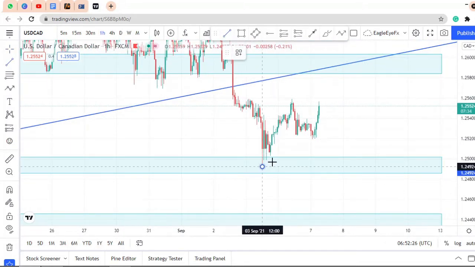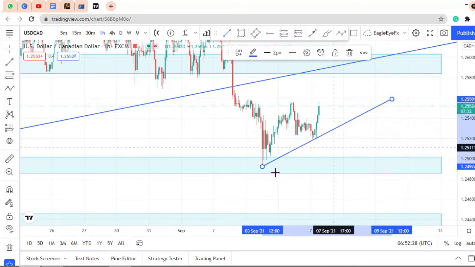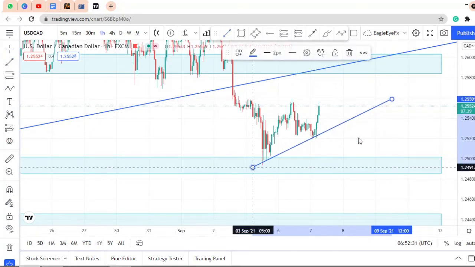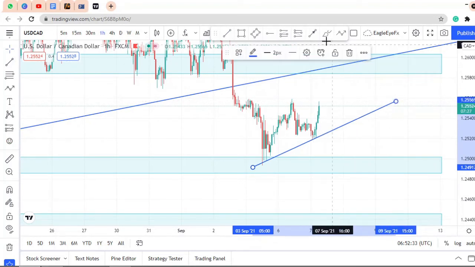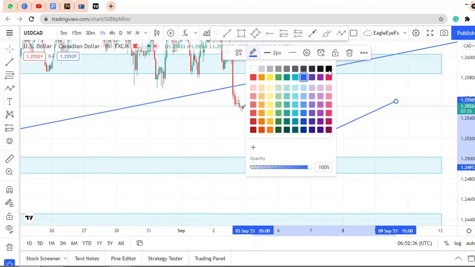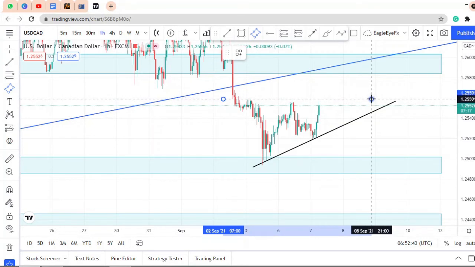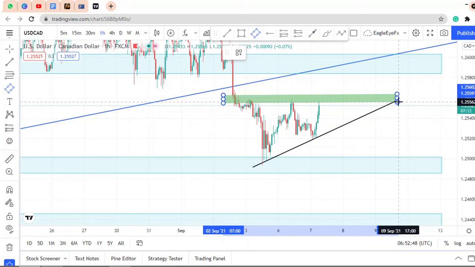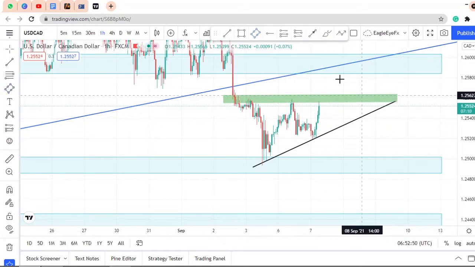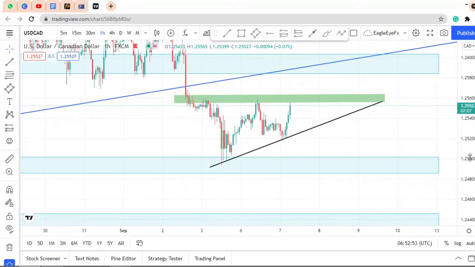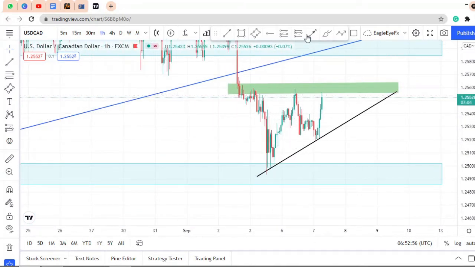So on the 1 hour time frame, I see a level here. Let me change that color, black. And also I see some rejection in this level here. Yeah, because you can see that this market broke this zone here, broke the trend line.